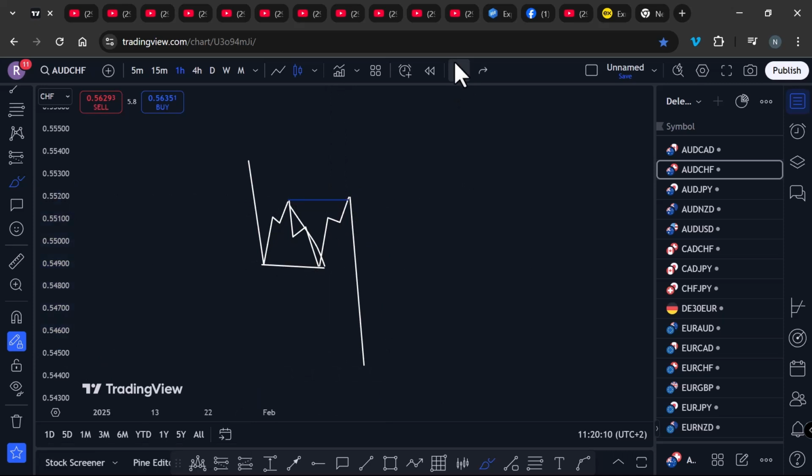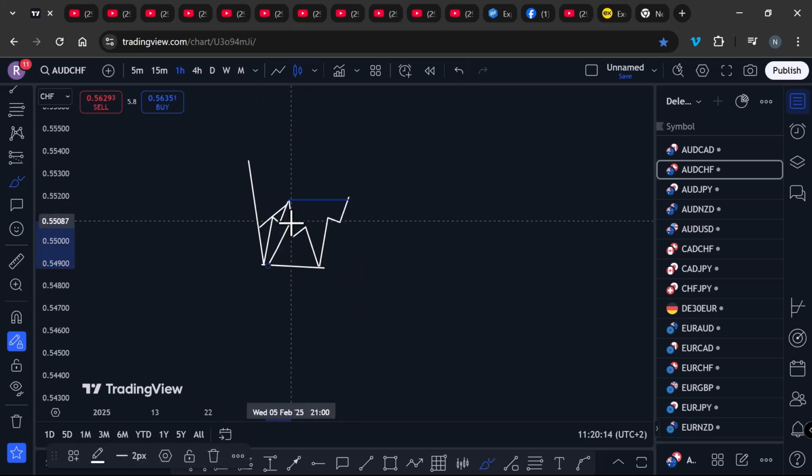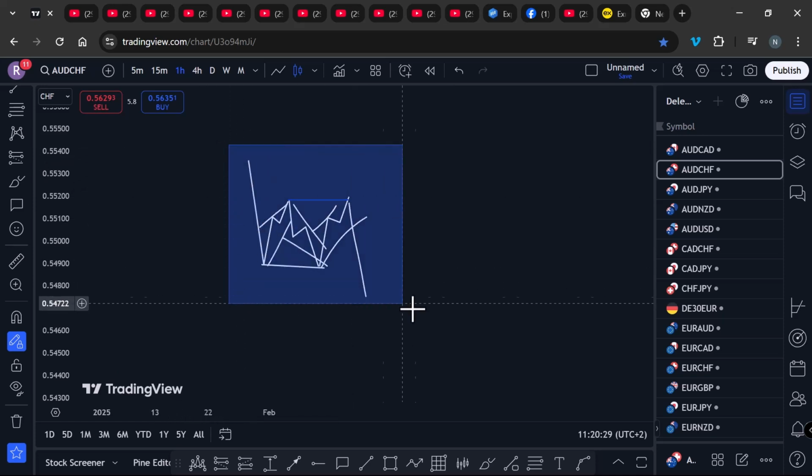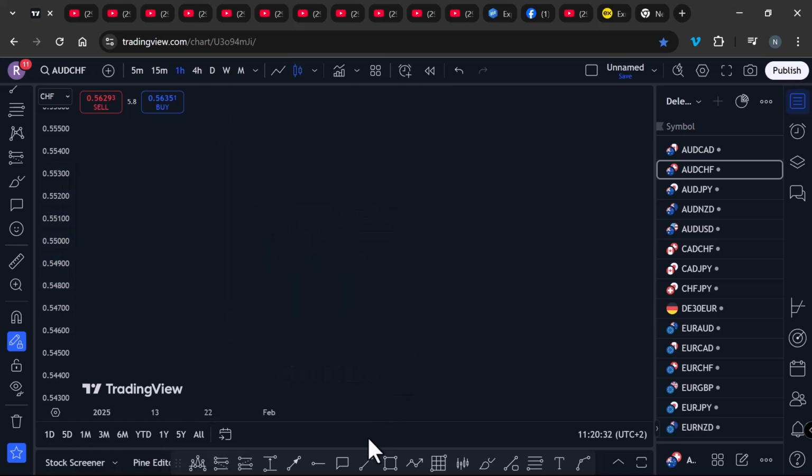Keep in mind that this pattern has structure in it. It has all the elements of a structure, and that is also what we usually look for when you are trading these patterns, to make sure they contain structure inside of them.